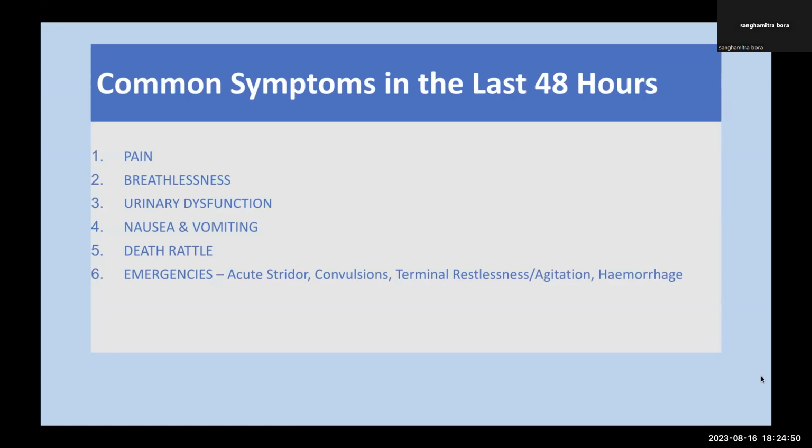I will not go into much detail. I've just jotted them down. They have proper protocols to be followed, how to take care, what to give and what not to give, and what the gold standard of care is. And believe me, we can actually take care of every symptom that I have mentioned here.